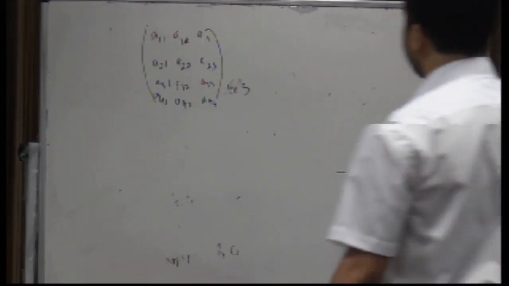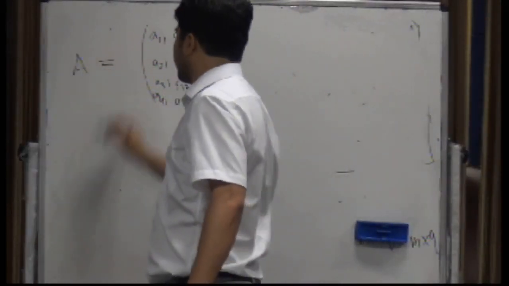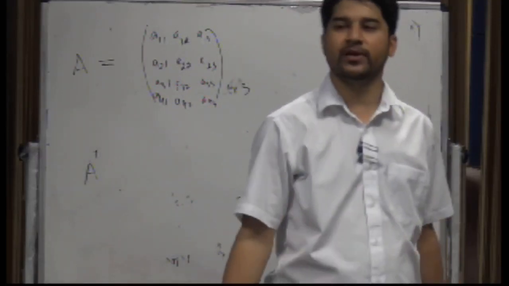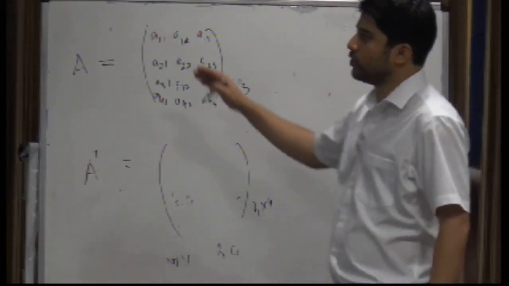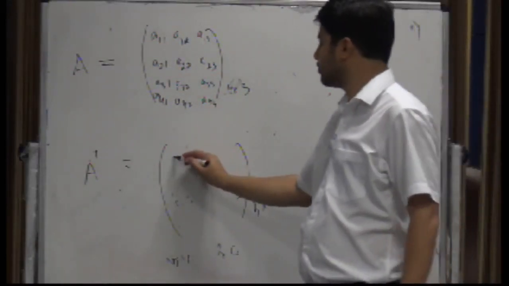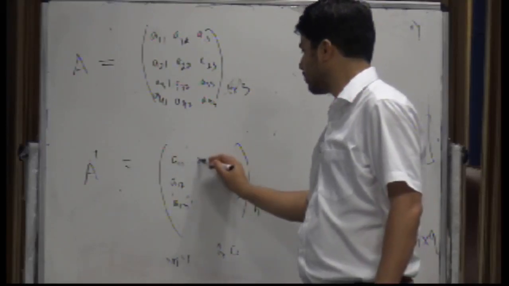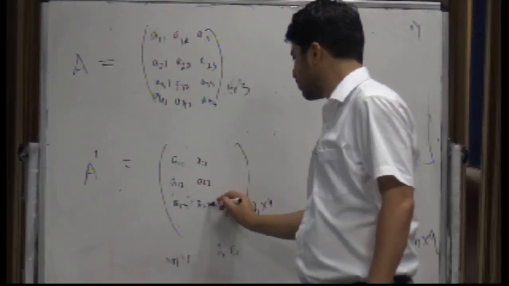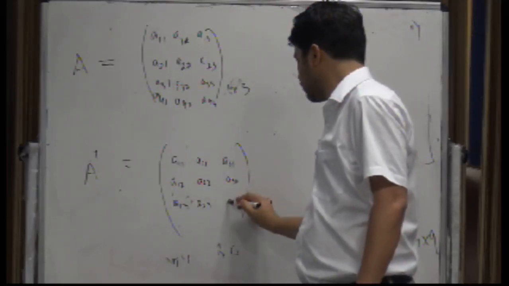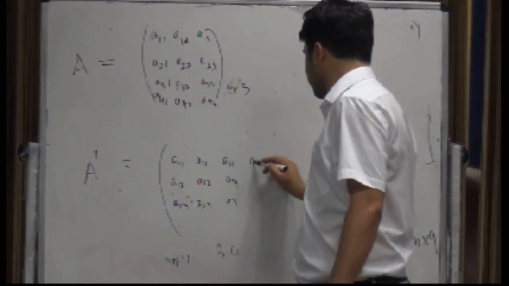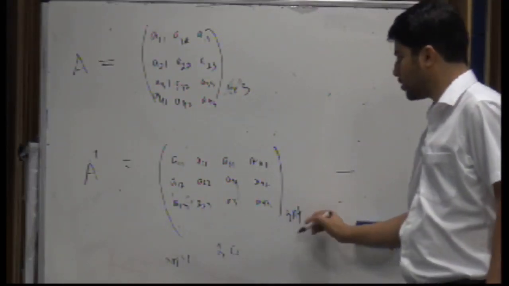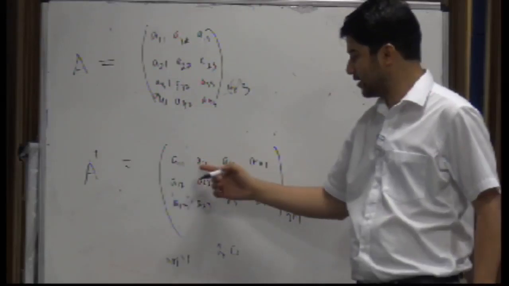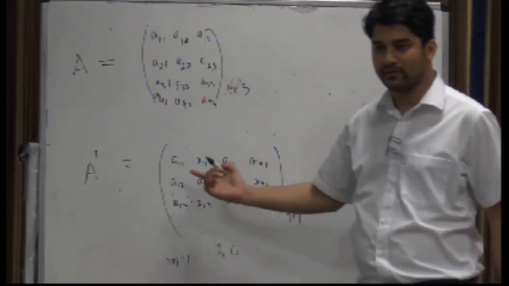If I call this matrix A, इसके ट्रांसपोज को डिनोट किया जाता है A पे T, A dash या A to the power T। तो इसका ऑर्डर सबसे पहले बताओ क्या हो जाएगा, 3 by 4। So every row will become a column. So A11 A12 A13 A21 A22 A23 A31 A32 A33 A41 A42 A43. 3 by 4, बट A11 यहाँ से लिया जा रहा है, ये A21 नहीं है, ये A12 ही है इस एलिमेंट का, है ना, ये ध्यान में रखना.